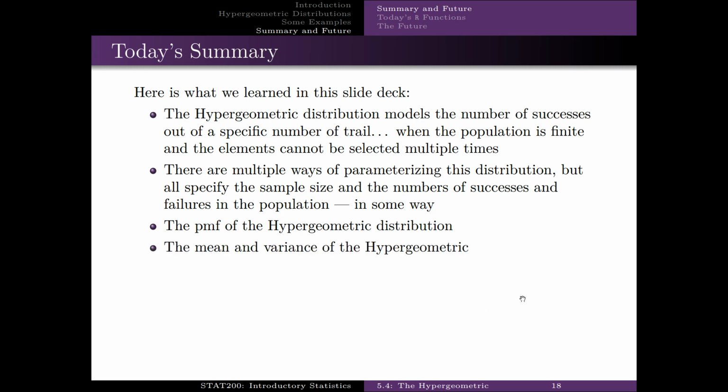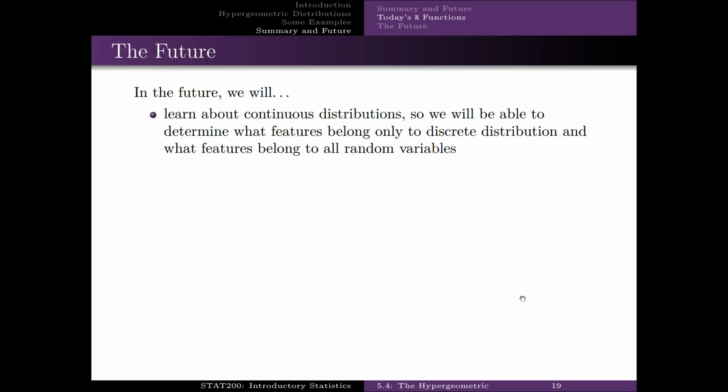You saw the PMFs of the hypergeometric, the mean and the variance of the hypergeometric. Again, you should not spend your time memorizing those. Have them in your notes and make sure you're able to access them and use them.